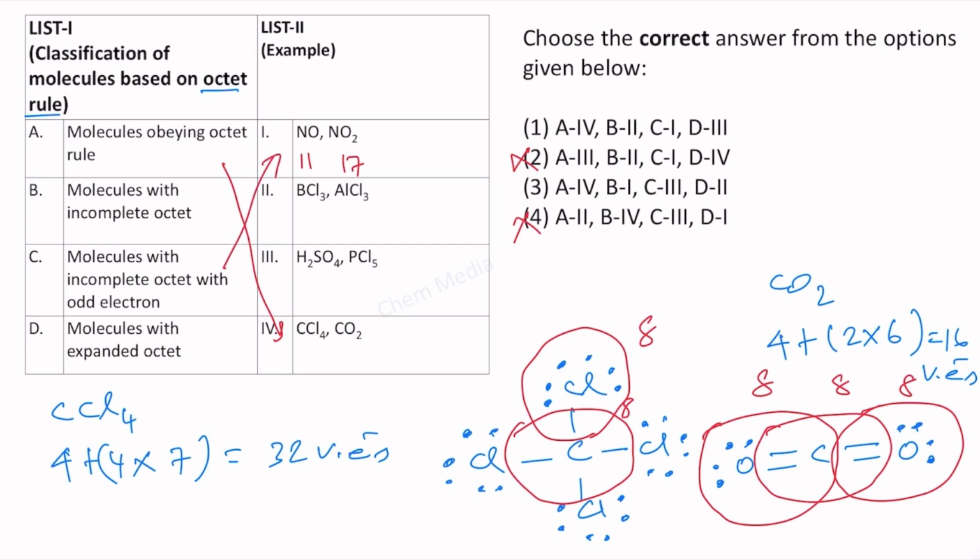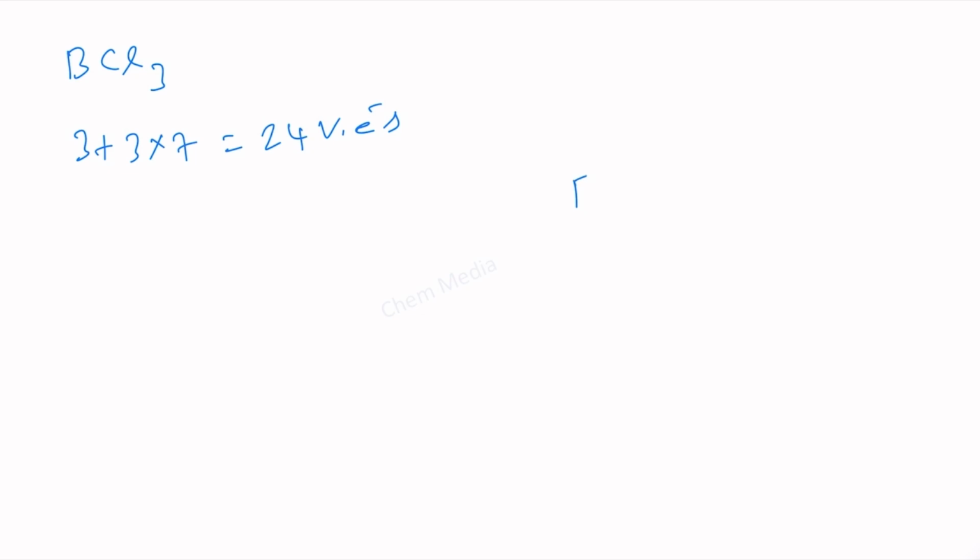And then molecules with the incomplete octet, that should be BCl3 and AlCl3, because here we have 24 valence electrons each. For boron 3 valence electrons, for each chlorine 7. So, 7 times 3 is 21, 21 plus 3 is 24 valence electrons. We can make 3 bonds with chlorine.